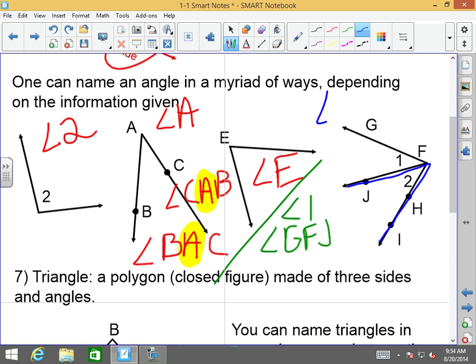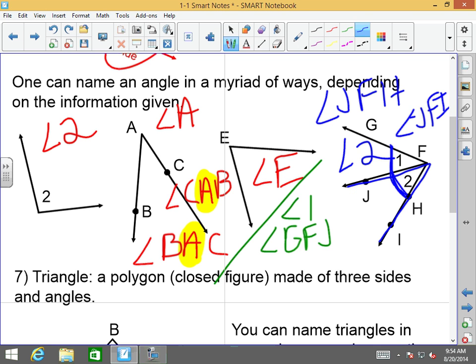JFH right here. Angle JFH. Or I could call it JFI. Angle JFI. Very good. Could I call this angle 2 as well? Yes, I can in this case. Can I call it angle F, though, by itself? No, because angle F encompasses both angle 1 and 2. Does that make sense? Yes, sir.